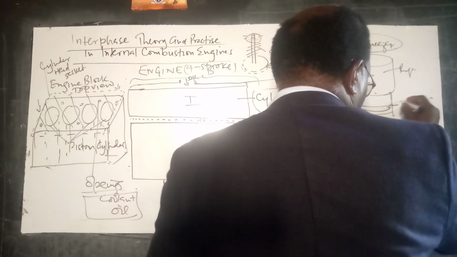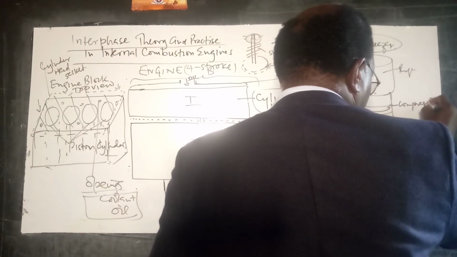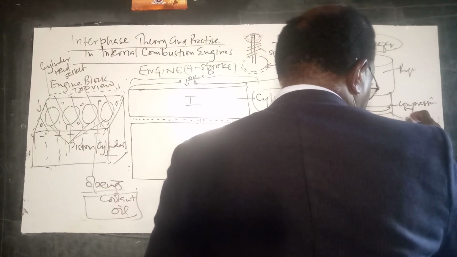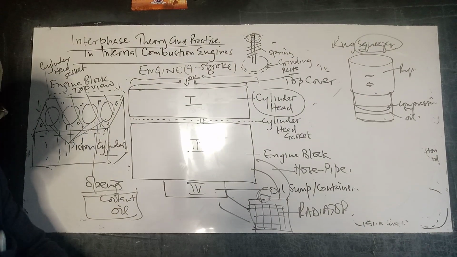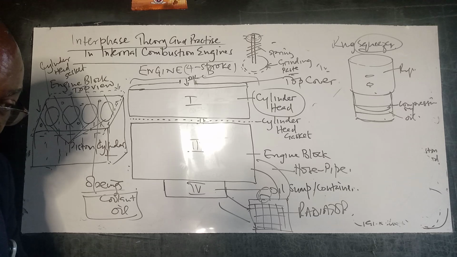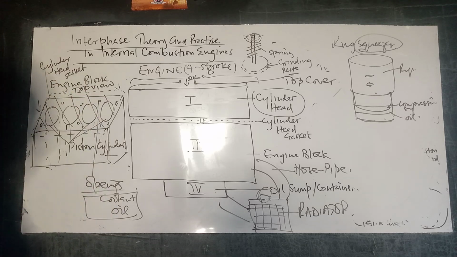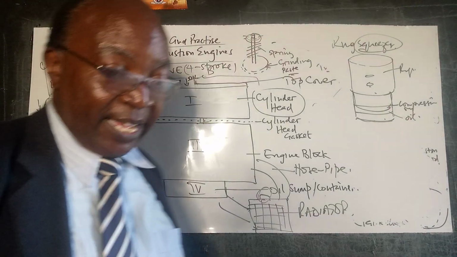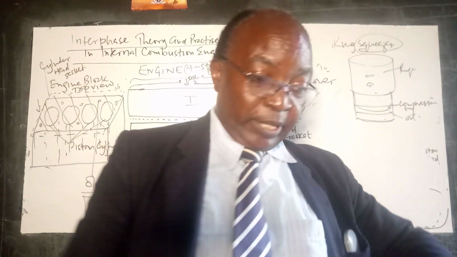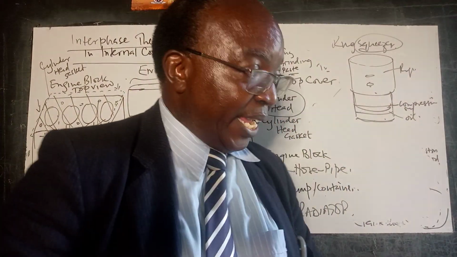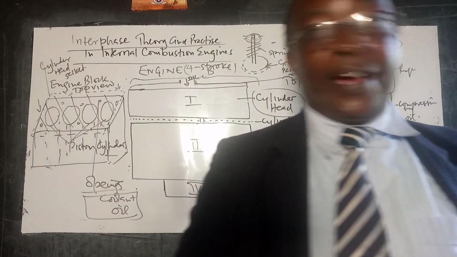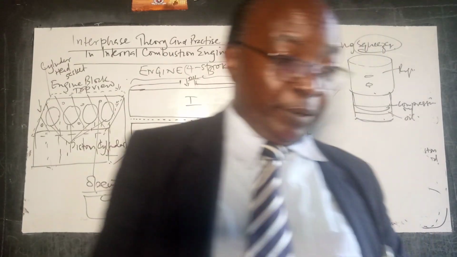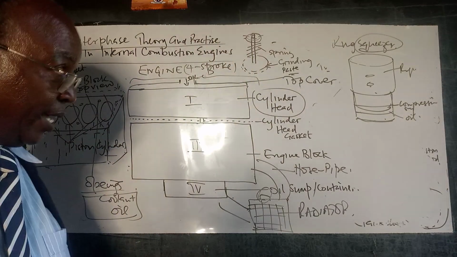Normally there is a compression ring, there is an oil ring, and so forth. So you cannot just fit them in the block because the diameter is a little bit bigger than the diameter of the cylinder. So it has to be squeezed. If you try to squeeze it with all manner of things, you'll find that you end up breaking some of those rings, and that would be expensive.